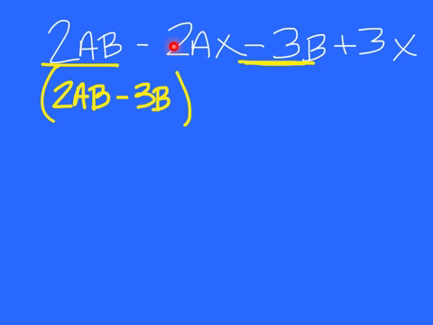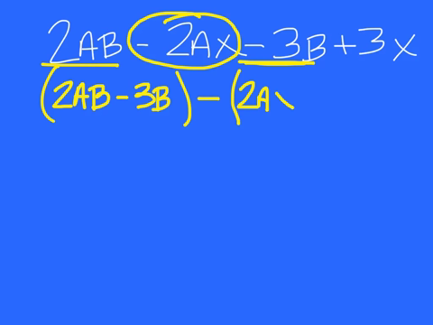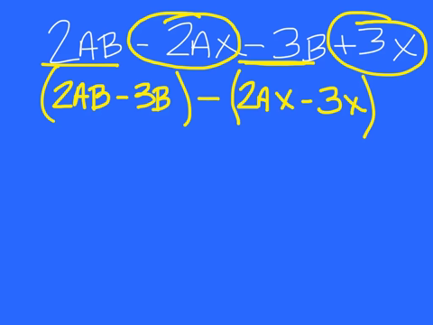Anytime the first item in your second set has a minus sign on it, you have to put that minus sign outside, and then inside that parenthesis you're going to put the opposite of this. So it's not minus 2ax, it's just 2ax. And put the opposite of this one in there, minus 3x. If you don't do that, you're going to come up with the wrong answer if it is factorable.